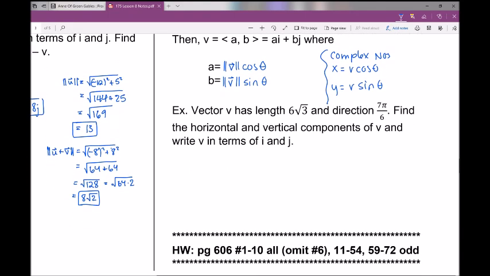So we know that vector v has length 6 square roots of 3 and direction 7 pi over 6. We want to find the horizontal and vertical components of v and then write the vector v in terms of i and j.